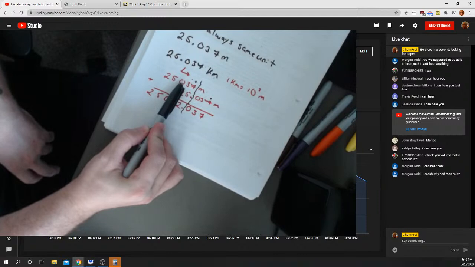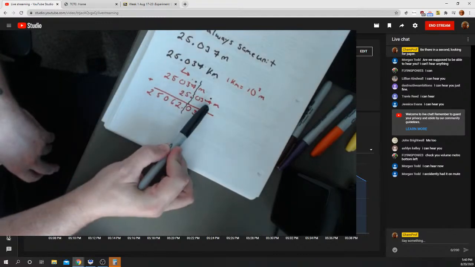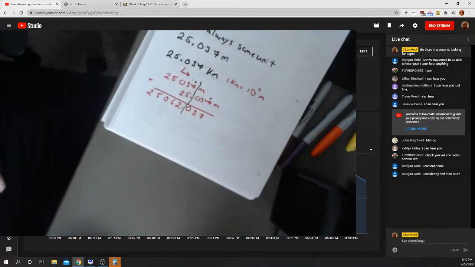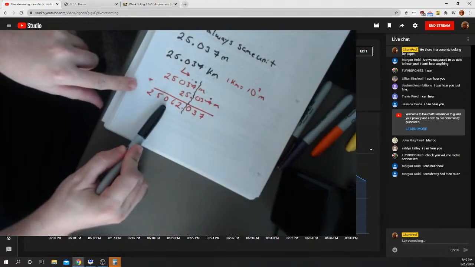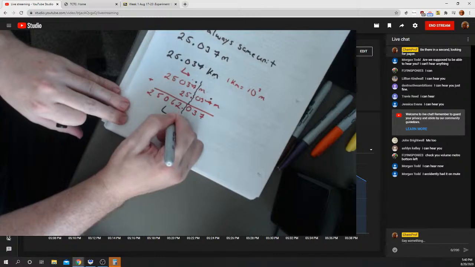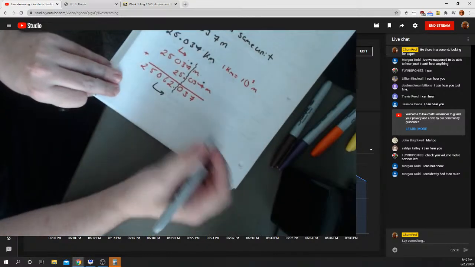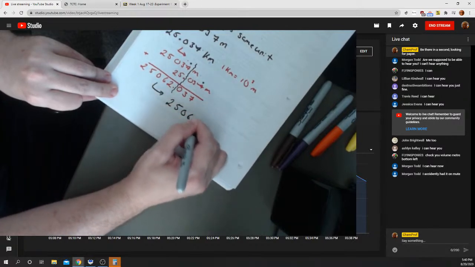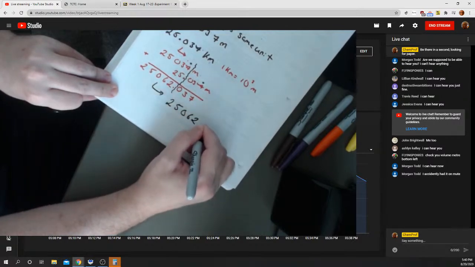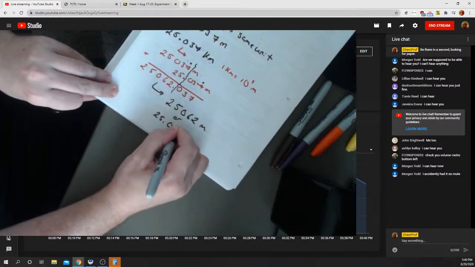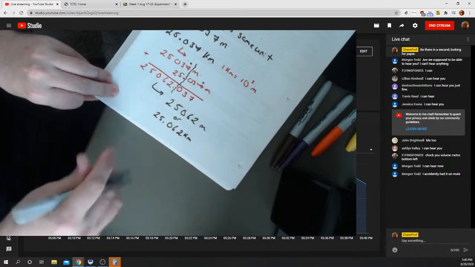So this measurement runs out at the meters place. This one runs out at the millimeters. So our cutoff is going to be right here, which means that this number is also going to be cut off at the meters. Which means that you then round as normal, using normal rounding rules, and our actual answer is 25,062 meters, or 25.062 kilometers. Okay?